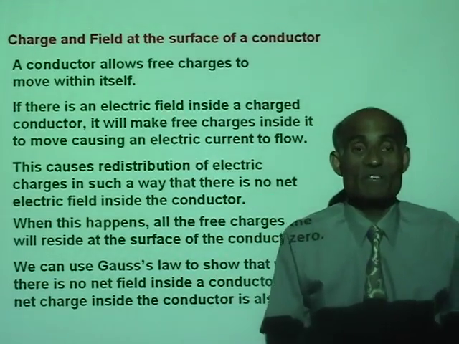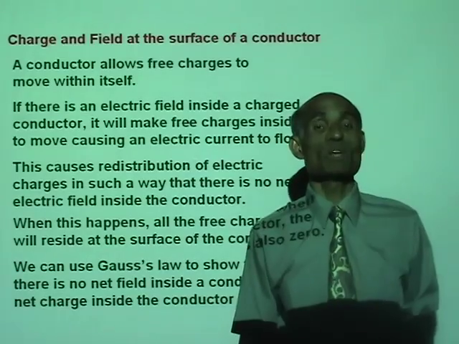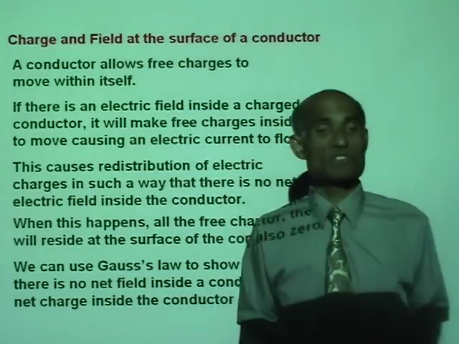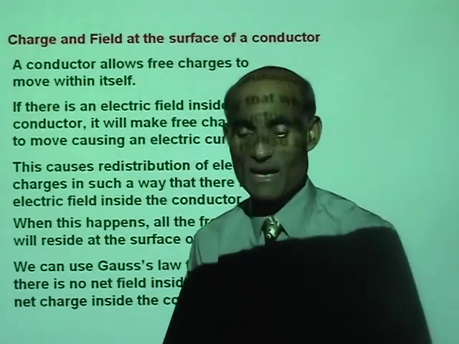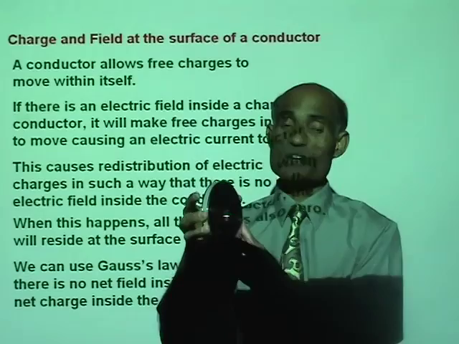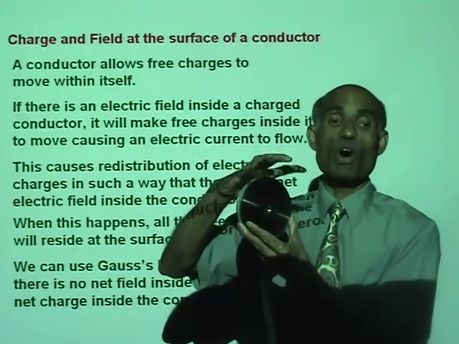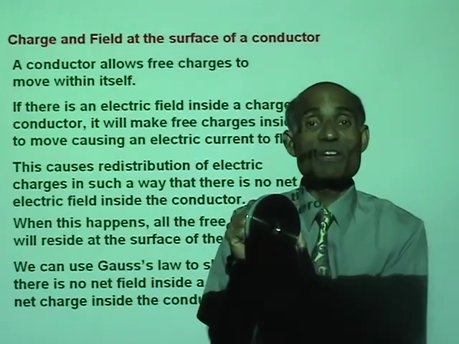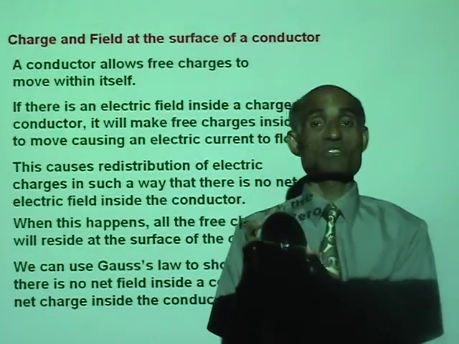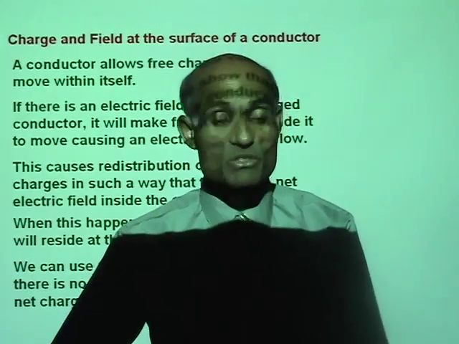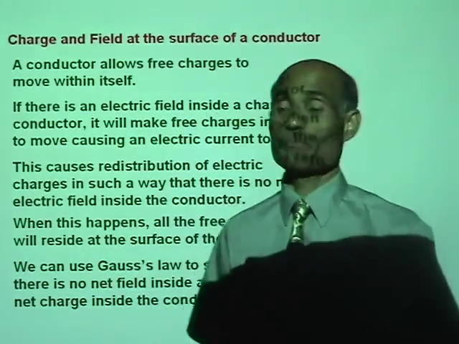That means the net charge in that surface will be zero. So what is the conclusion from the discussion we had so far? If you have a charged conductor, all the charges will reside on the surface. And what will be the electric field inside that charged conductor? The electric field inside a charged conductor will be zero.